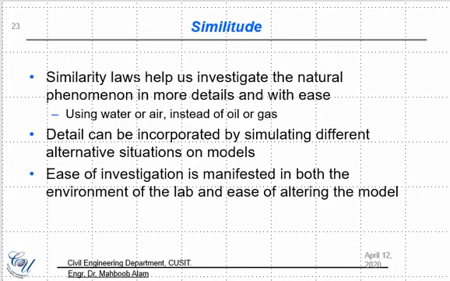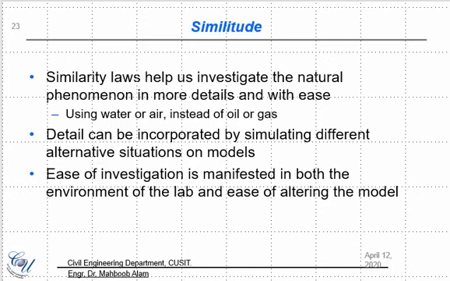You have to develop a pipeline, you have to let the water flow through it. Now we understand that the density of water is very different than the density of oil. Now how to make sure that the experiments that I am doing in the lab are actually the true replica of the prototype that ultimately would be developed? So this is one question, and similarity laws help us investigate these kind of things.